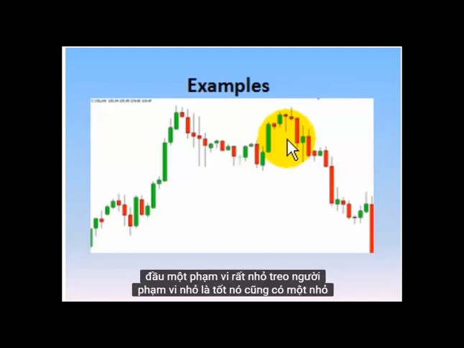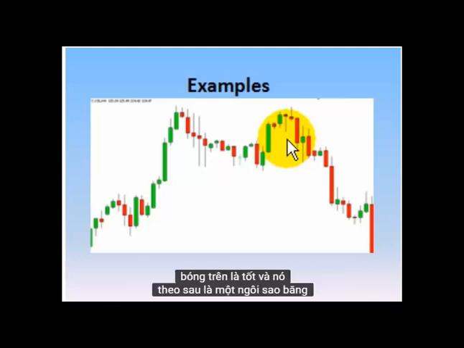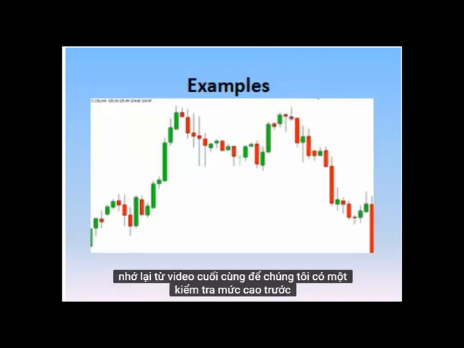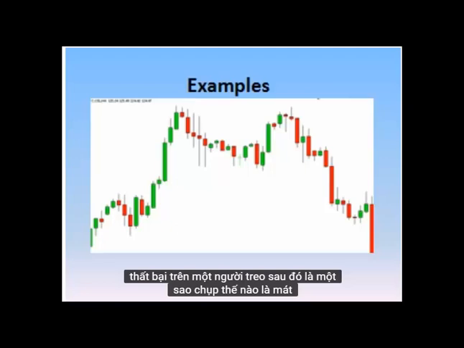The small range is fine. It also has a small upper shadow, which is fine. And it's followed by a shooting star, which you'll recall from the last video. So we have a test of previous high, failing on a hanging man, followed by a shooting star.